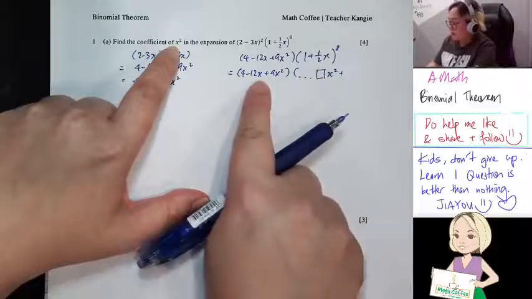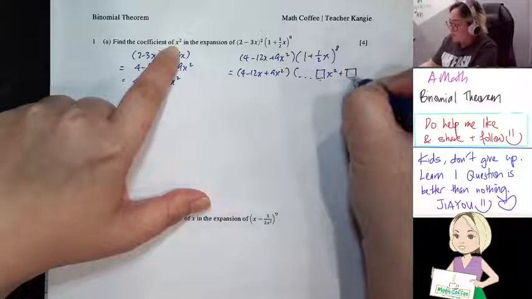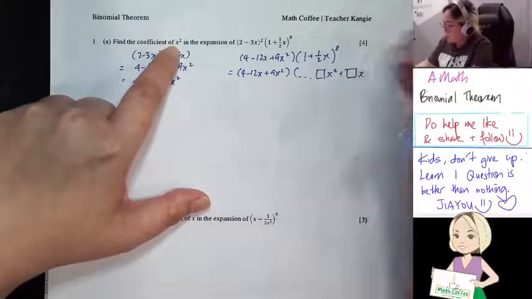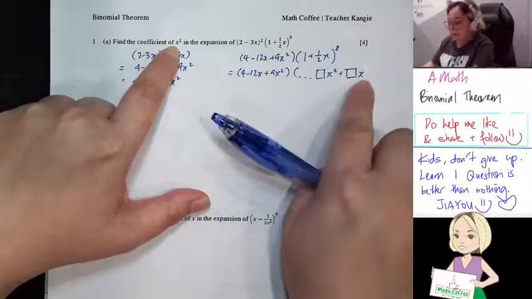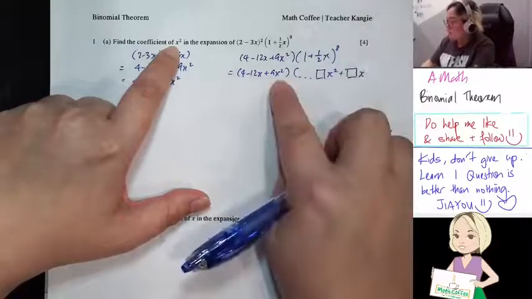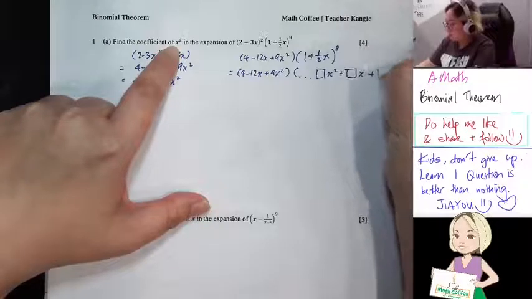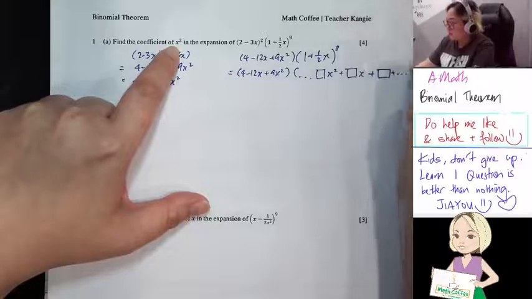Then this is the x. I will have to rainbow with something x, because x times x gives me x squared. Then this last term, 9x squared, I will have to rainbow with the constant. The rest of the terms, we are not interested.